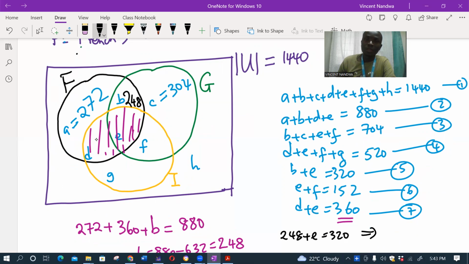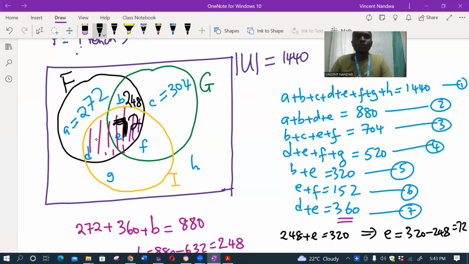This means E alone will be 320 minus 248. 320 minus 248 is 72. So E is 72, and we fill this in with 72.